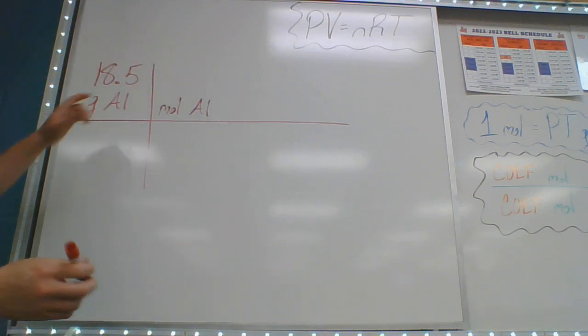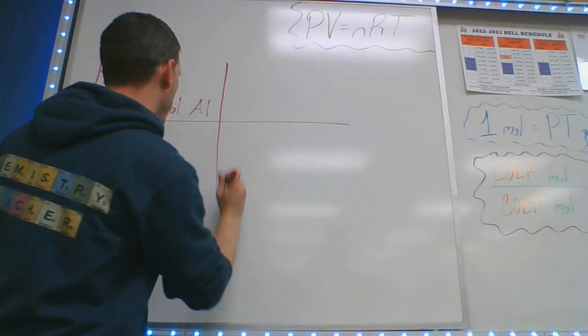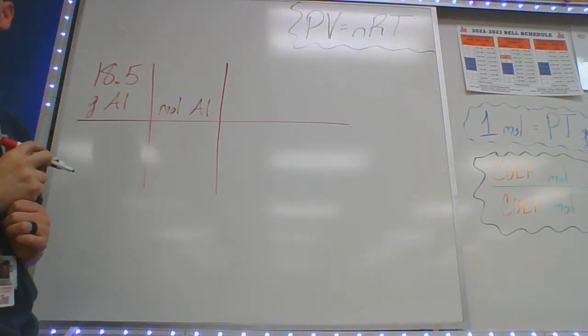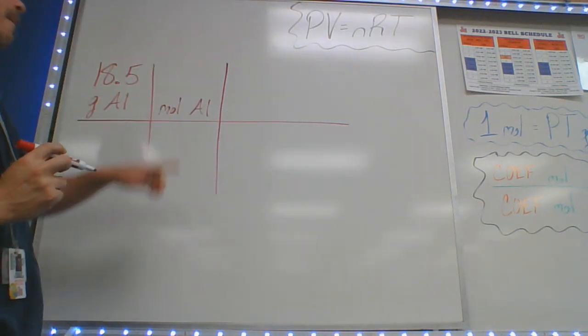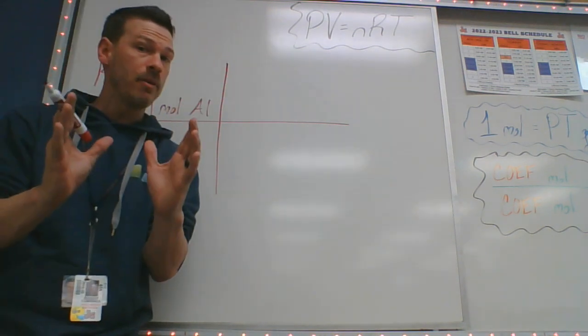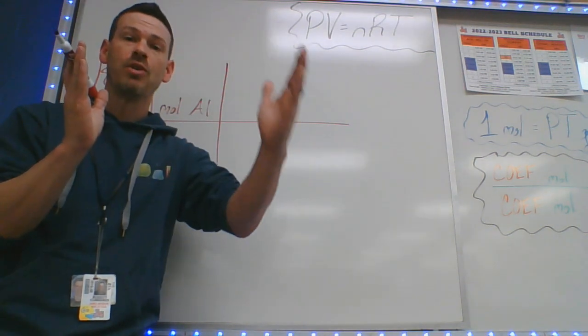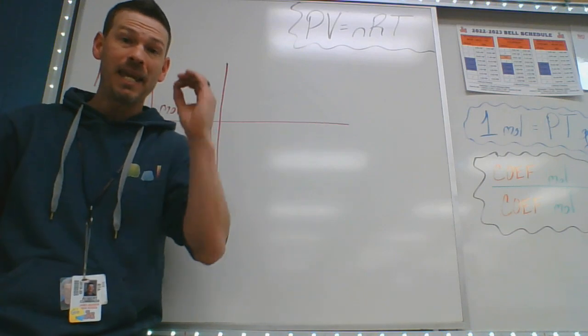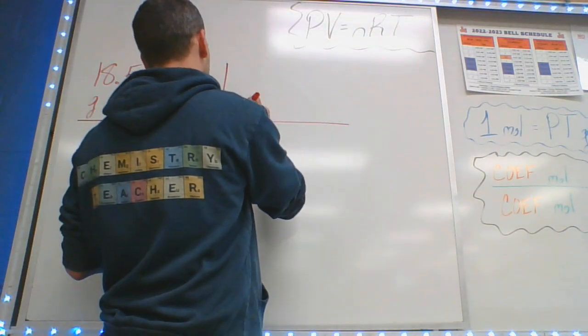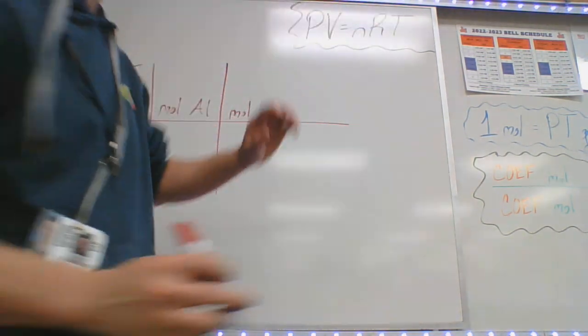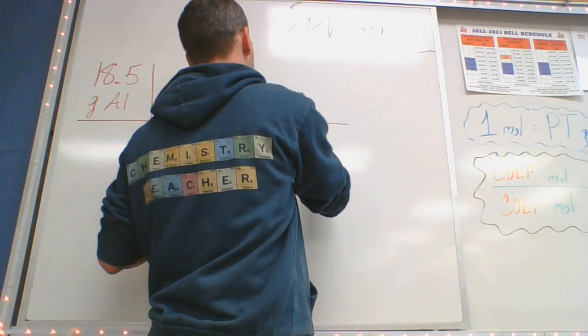So I don't want grams of the aluminum, I want moles of the aluminum. But once you have moles of an item in the reaction, that can always go to moles of any other item in the reaction. And this question is having us analyze nitrogen.